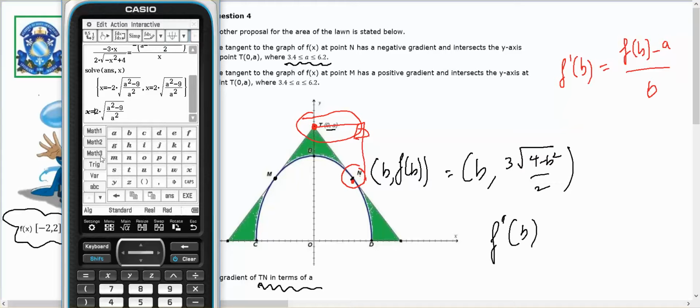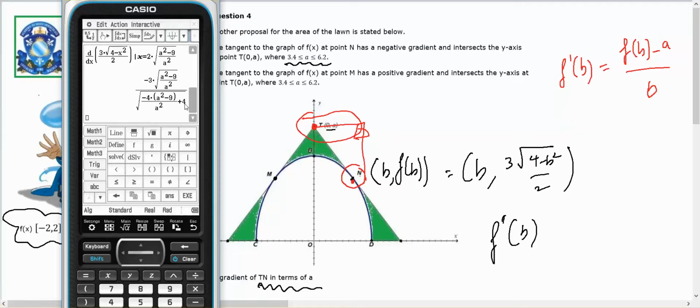So x equals, and if I come up here and take this derivative, copy, paste, given. I'm going to take the derivative, so that will give me the gradient function, and I'm going to set the value of x to be that.